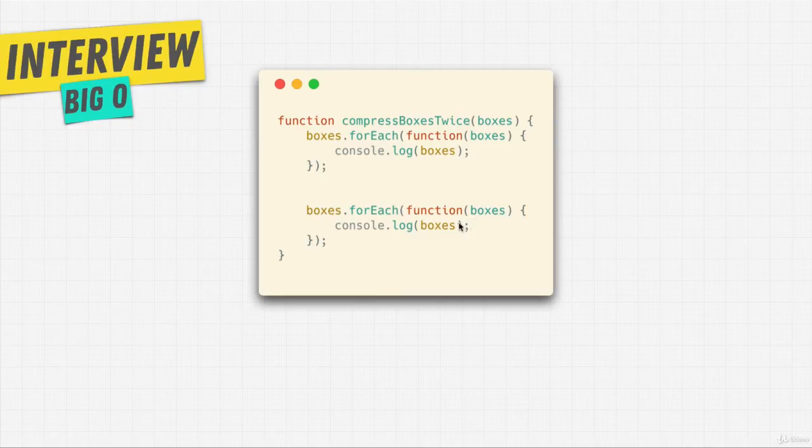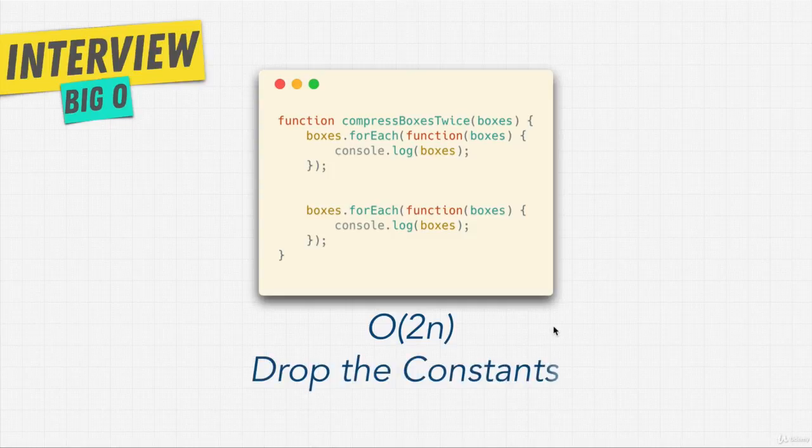And because these are 2 separate steps, well, we add them together. So it becomes O of n plus O of n equals O of 2n. But again, in an interview, this doesn't really matter because we drop the constants. And if we drop the constants, what does this function equate to? Well, it's just O of n.